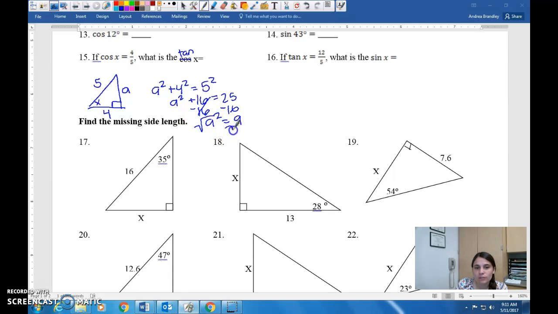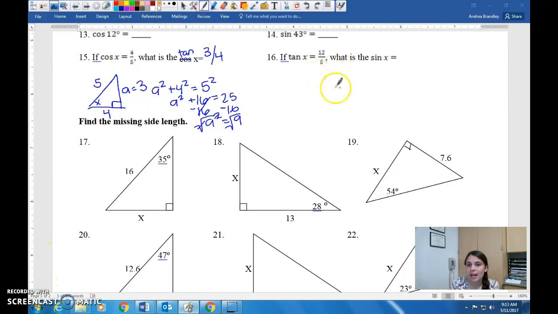So if I take the square root of both sides, a equals the square root of 9, which is 3. So once I have all three sides, then finding any other trig function is pretty straightforward. Tangent is opposite over adjacent. So if I look here, the opposite of x is 3, and adjacent to x is 4.